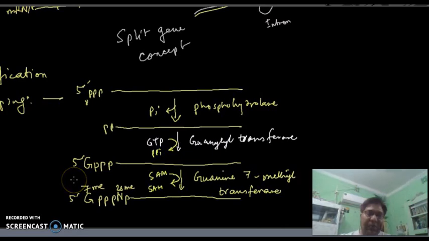So this is how the 5' capping takes place. The 5' cap is the recognition site for the ribosome to bind here and to start scanning from 5' to 3' to find the first AUG sequence from where the translation will begin.